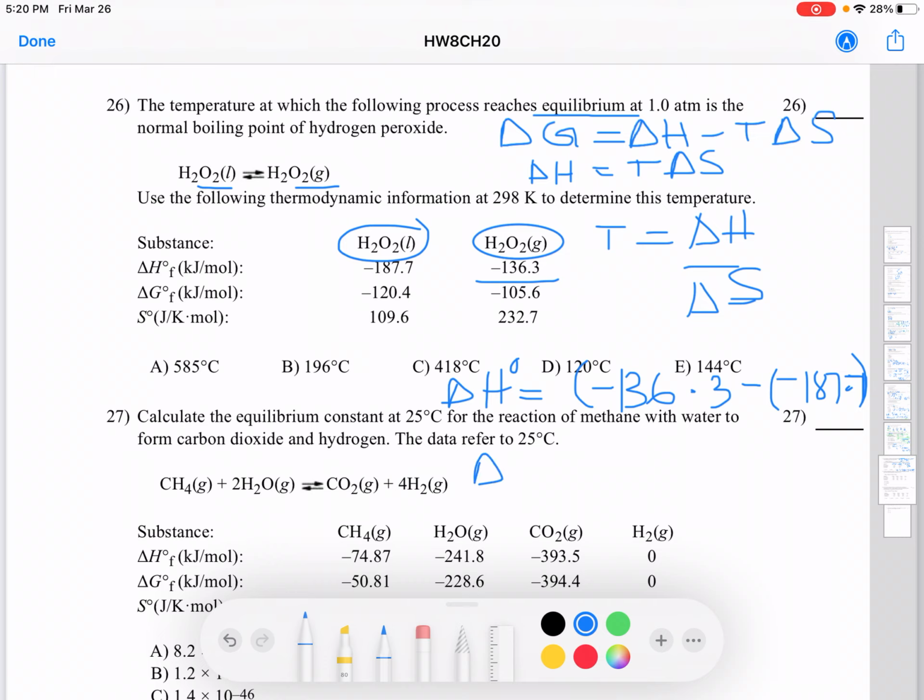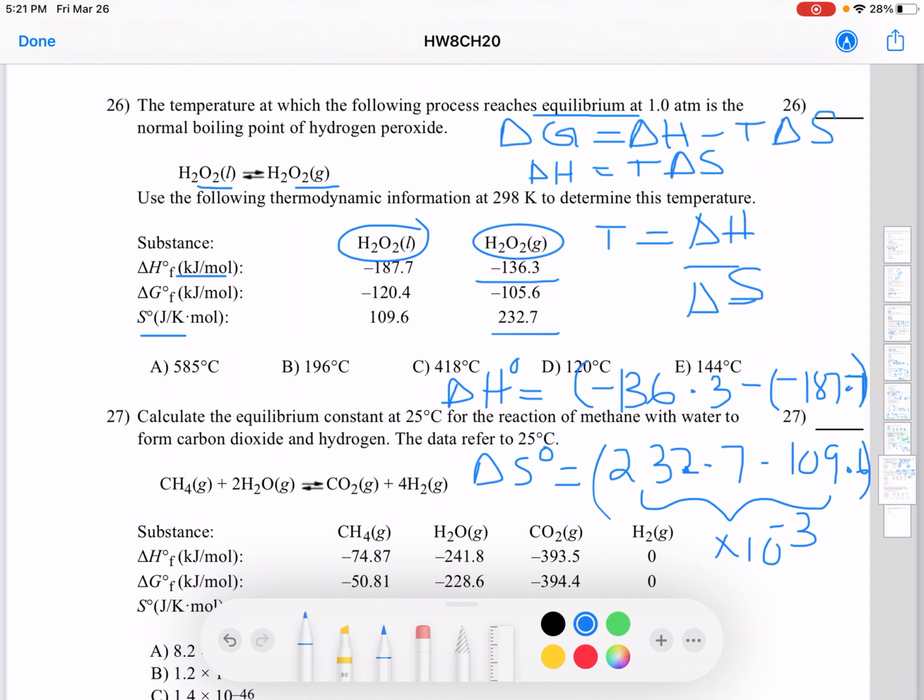And similarly, you find out delta S naught. That would be 232.7 minus 109.6. You get that answer, and that's in joules. This is in kilojoule. So the answer needs to be multiplied by 10 to the negative 3 to make it kilojoule. Once you get the two answers, you plug in here, delta H and delta S, and you can find out the answer.